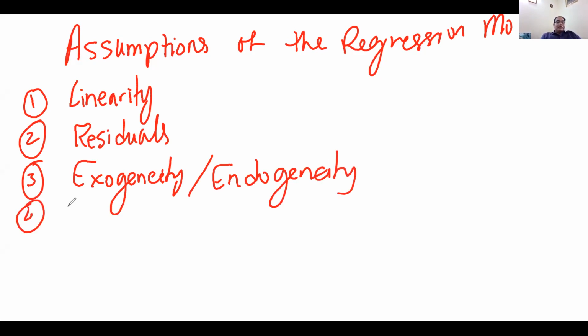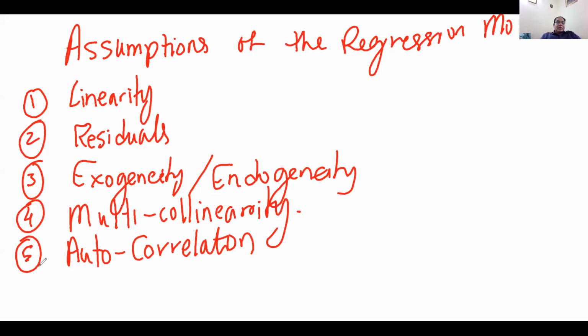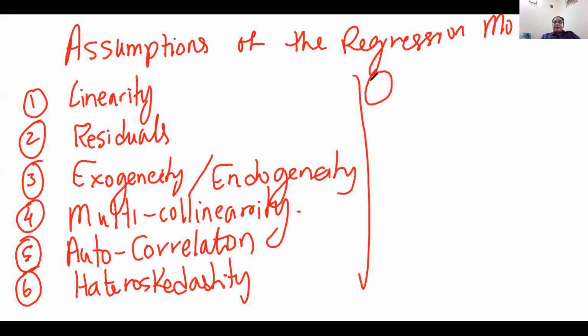And fourth is multicollinearity. Five is autocorrelation. And six is heteroscedasticity. And seventh is specification.